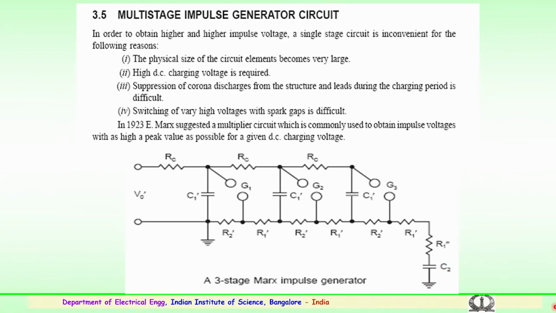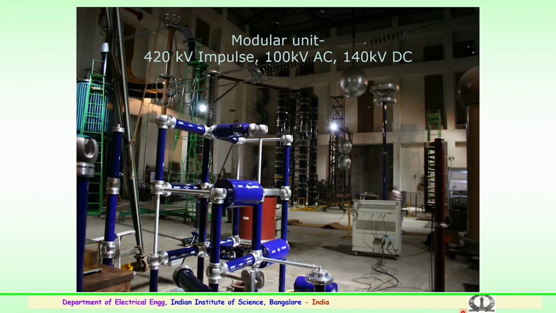This is one of the modular units at the laboratory which we have: a 400 kV impulse generator consisting of an AC unit of 100 kilovolts, with a DC output of 140 kV, and a 420 kV impulse generator with a divider arrangement.